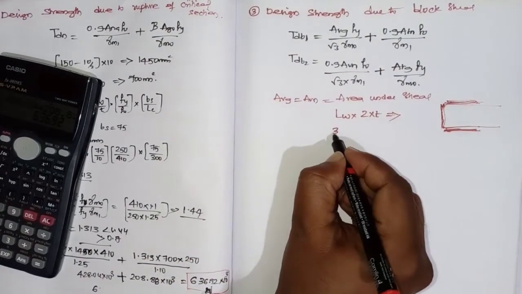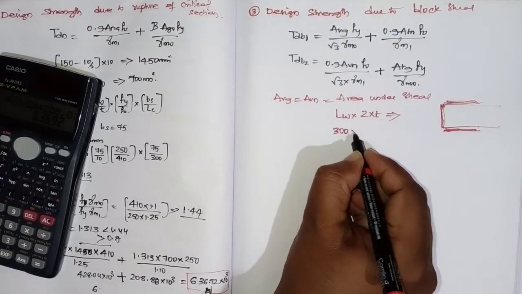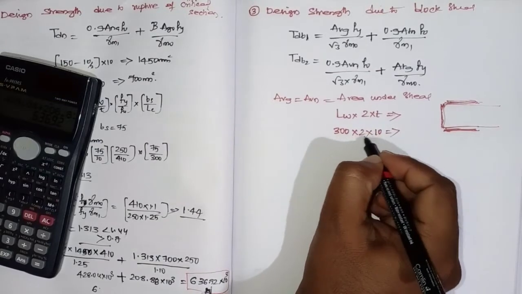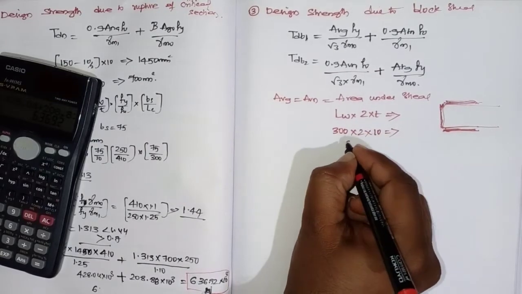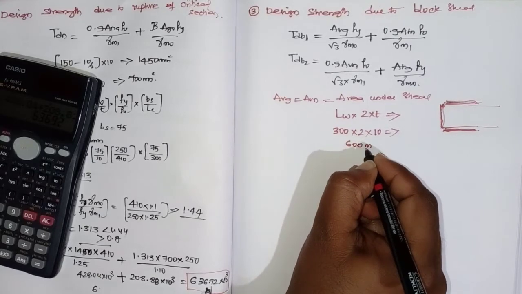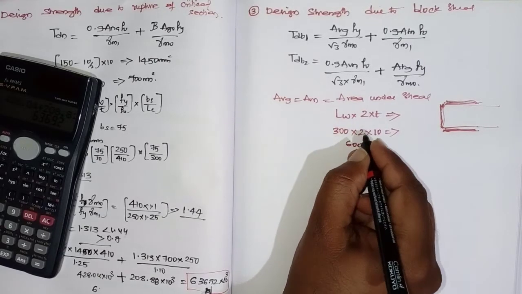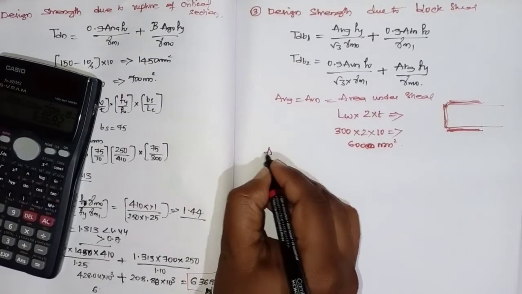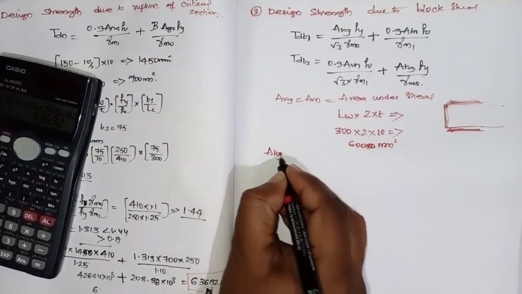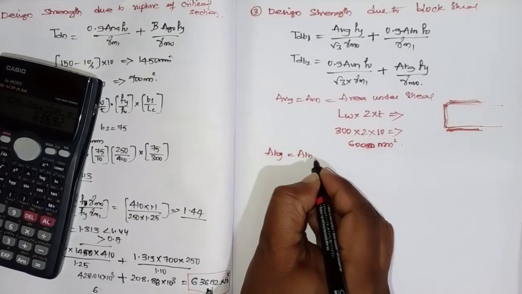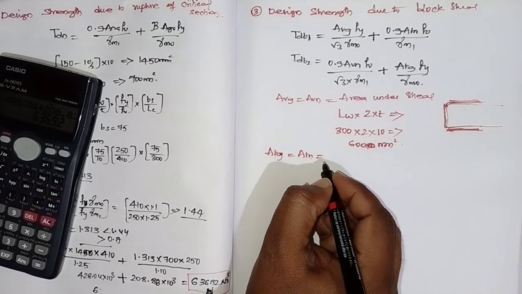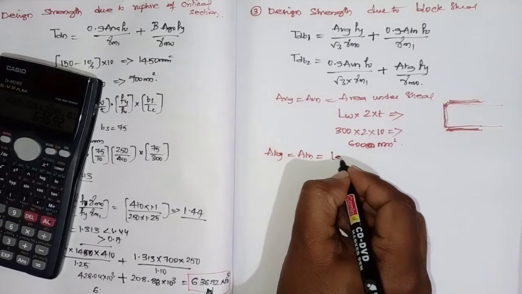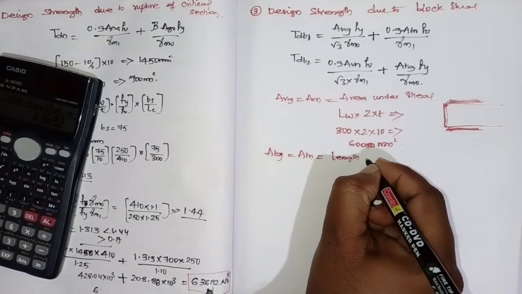So 300 into 2 into thickness of plate, so how much is it? It is 6000, 2 into 300 is 600, into 10, 6000 mm square. Next, ATN, length of connected leg into thickness.